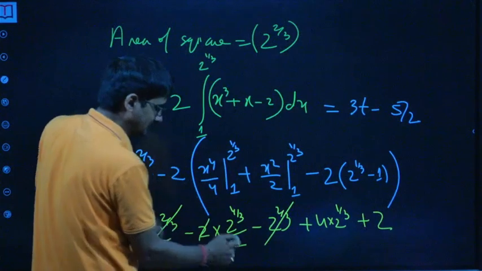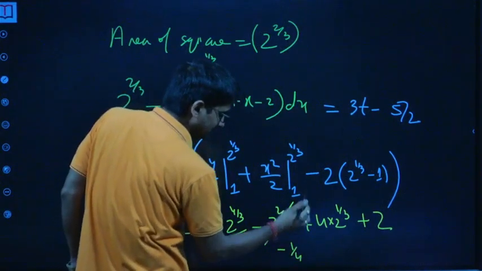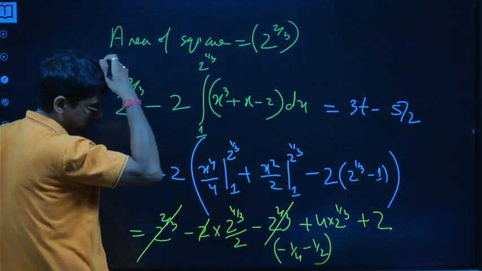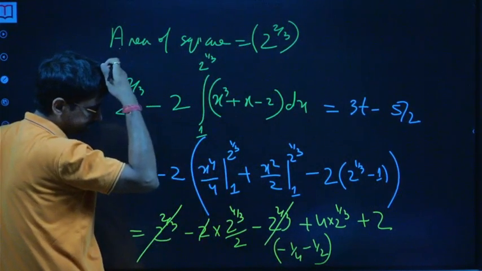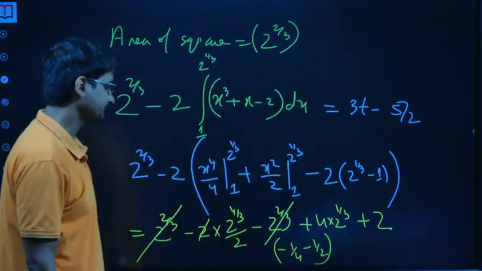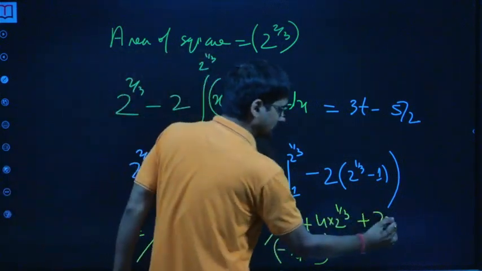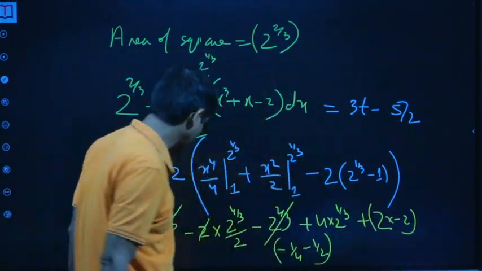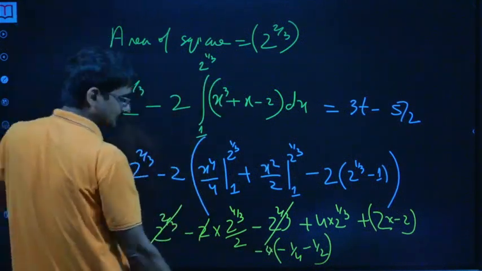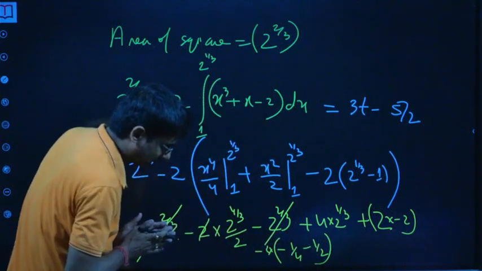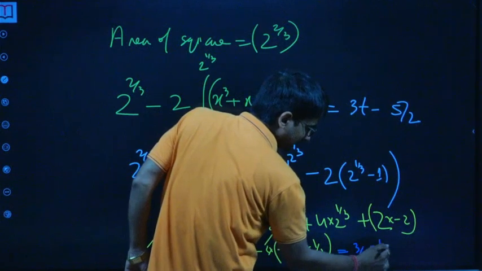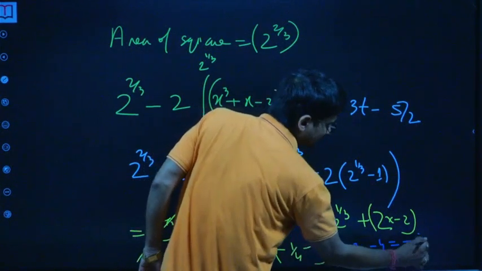We missed 1 by 4 here, minus 1 by 4, minus 1 by 2. Plus 2 into minus 2 is minus 4, and this times minus 2. Okay, let's see. So this is minus 3 by 4, so plus 3 by 2, and then this is minus 4. So I am right, good.